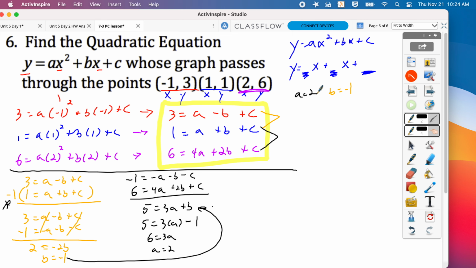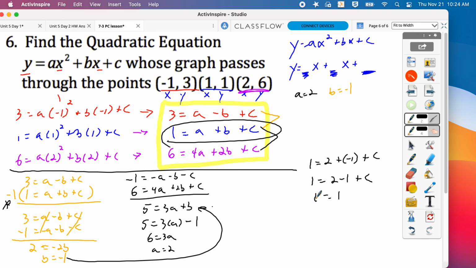I still need c, so I'm going to go into this middle equation. 1 equals my a, which is 2, my b, which is -1, plus c. And I get my c to equal 0.